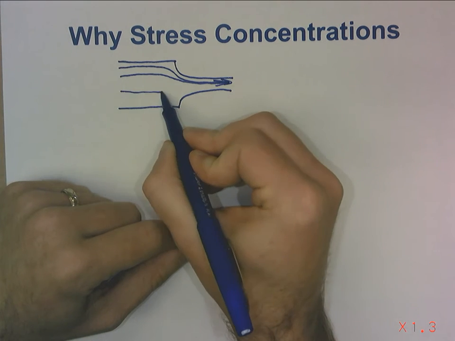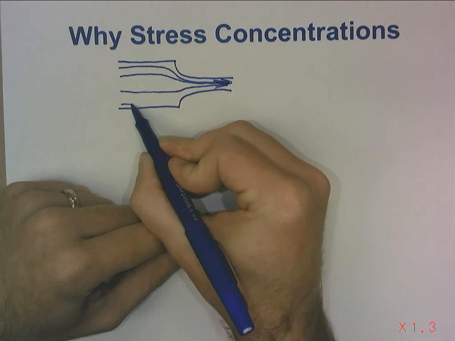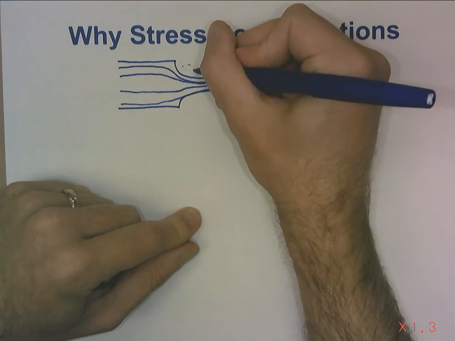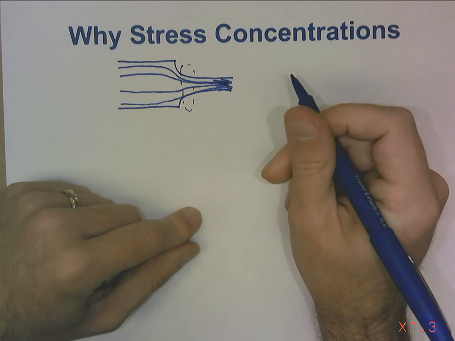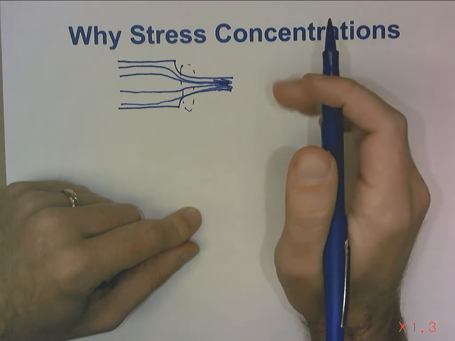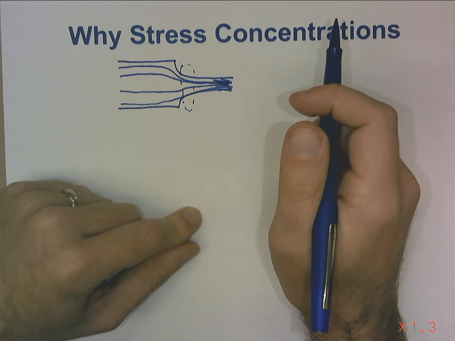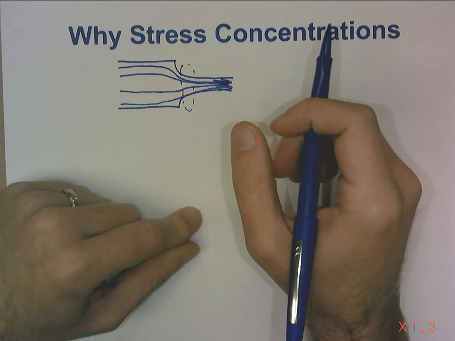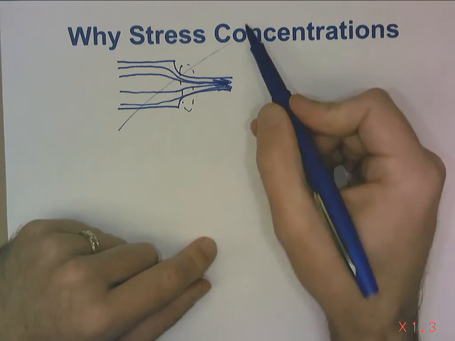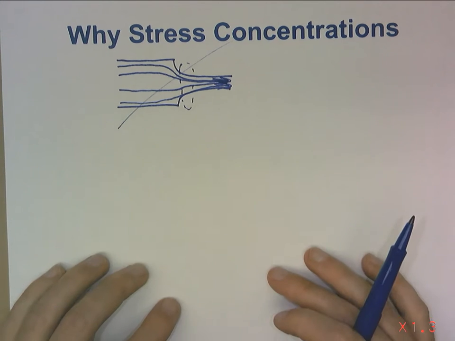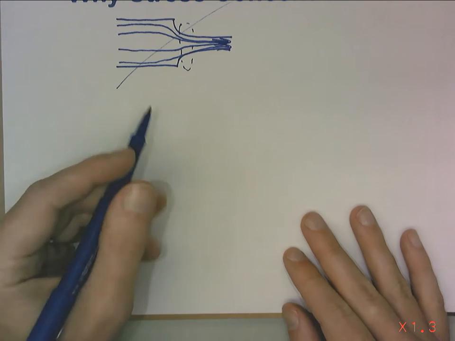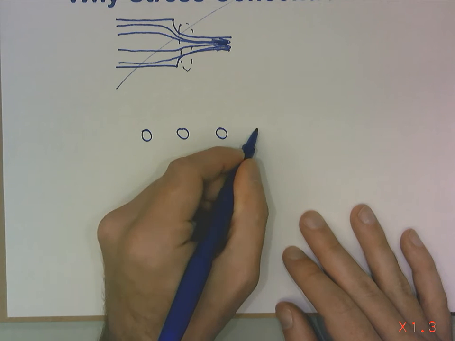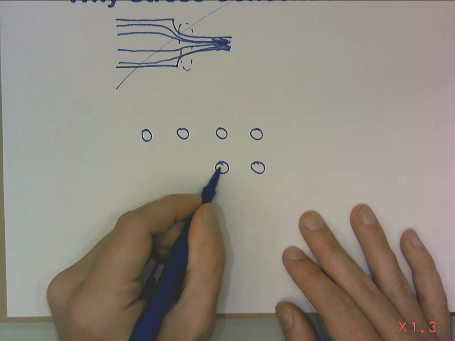And when we get to the reduction in our size, this concentrates our stress. That kind of works, but stress isn't water flowing through a pipe. So this falls short, really, of explaining what's going on. Here's really what's going on. Let's imagine we're in a crystal structure.